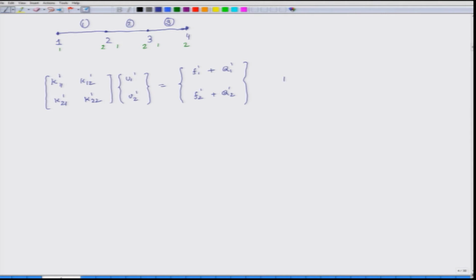For element 2, I have similar equations, but the superscript simply changes.